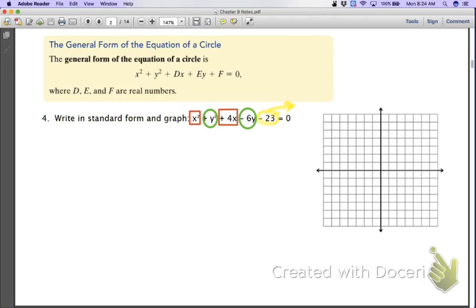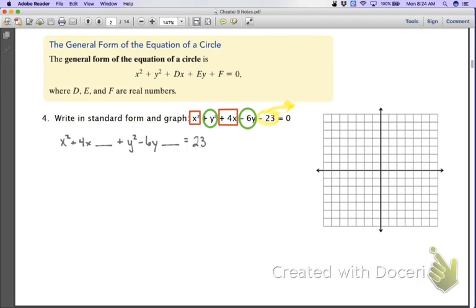So if I rewrite this, I'm going to have x squared plus 4x, a blank, plus y squared minus 6y, a blank, equal to 23.